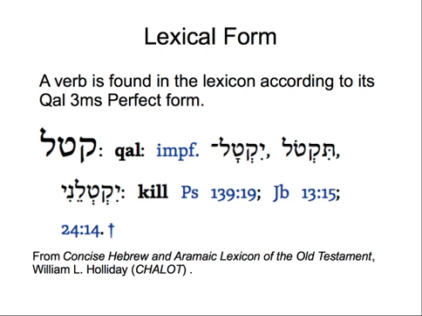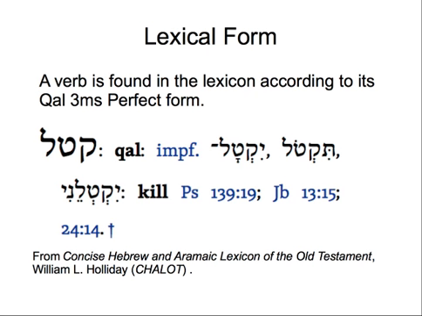Speaking of the root, you will always be looking up roots in the lexicon according to the third masculine singular perfect form. That's what's considered the lexical form. The root, of course, we've talked about. Logos also refers to that as the lemma. And so this is the entry in the Concise Hebrew and Aramaic Lexicon of the verb we've been looking at, katal.